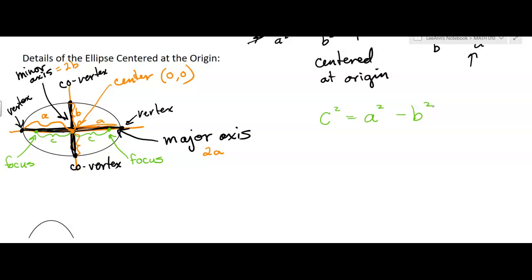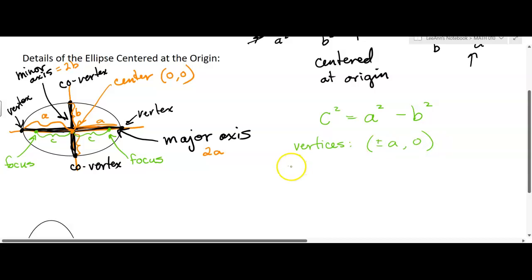Your vertices are at plus or minus b, comma 0. I'm sorry, that's an a, not a b. Pardon my drawing. The vertices are at plus or minus a, comma 0.